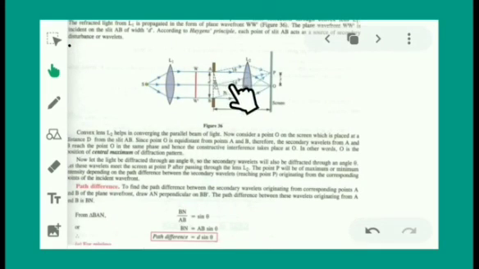From the triangle ANB, we can see that sin theta is equal to Bn by AB. Bn is the path difference, so Bn is equal to AB sin theta. AB is the slit width, that is d, so the path difference is equal to d sin theta.